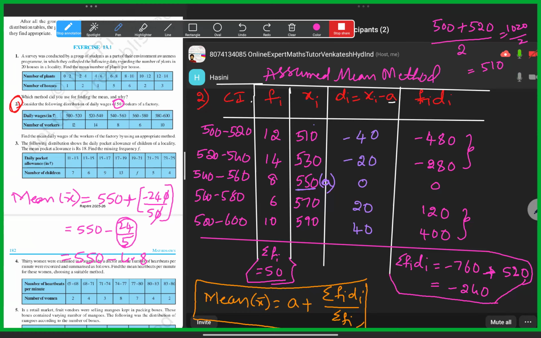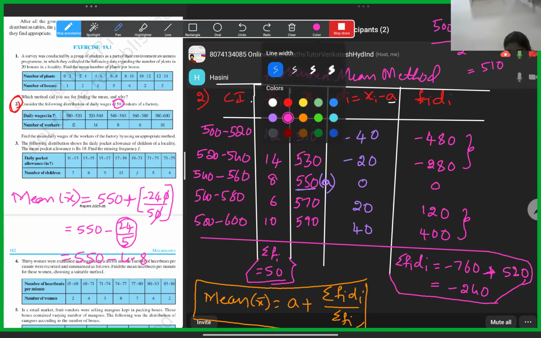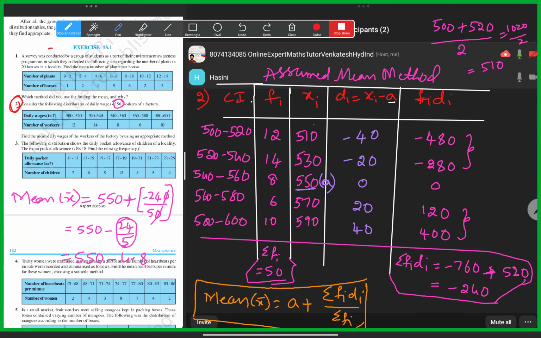Decimal subtraction. We can write 550 as 550.0. 4.8, I have to write 4 under the ones place and 8 after the decimal.